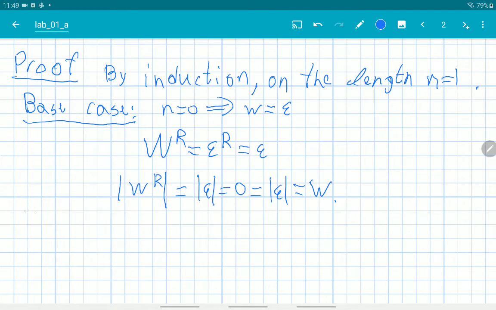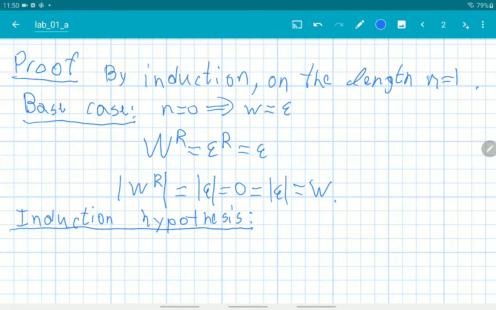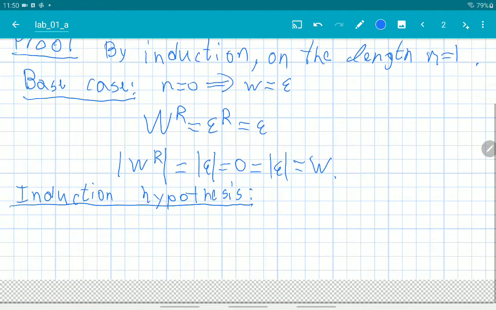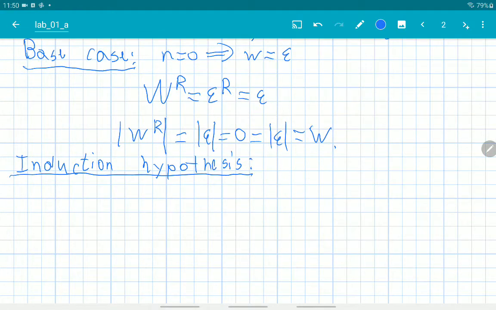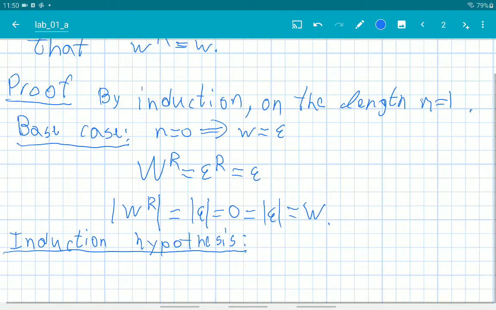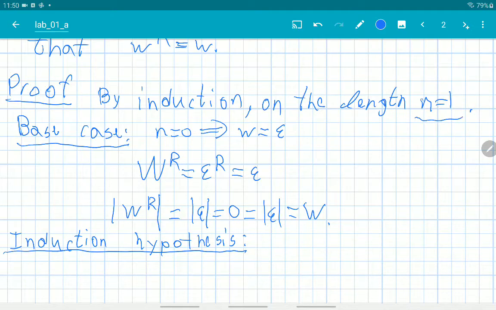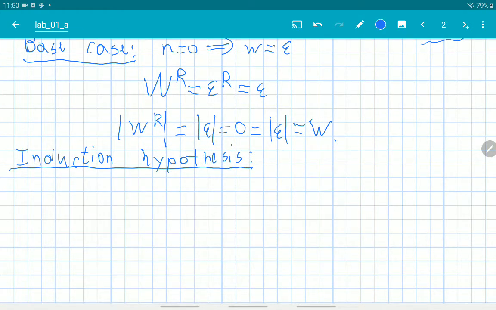Okay, now we need to write down the induction hypothesis. So what is the induction hypothesis? You need to look at our parameter, right? Our parameter is n, so the induction hypothesis is going to be about n.